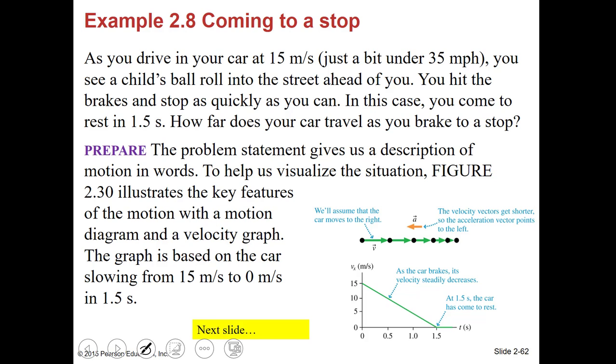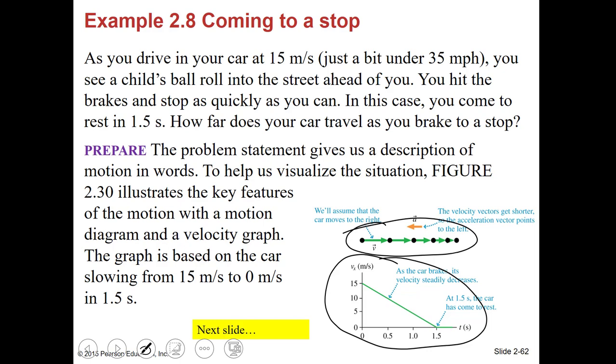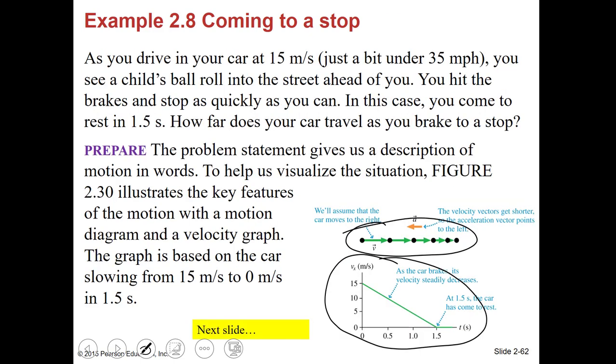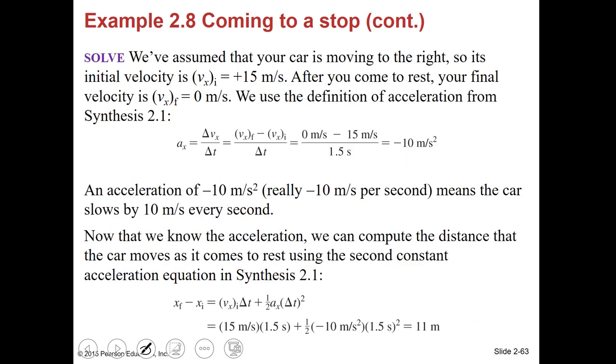Lots of different ways of looking at it. If you think about it, here's the motion diagram part right there. Here's what the velocity versus time graph looks like. You could actually solve this problem just by getting the area under the curve, or we could use our kinematics equations. Okay, so first of all, knowing the velocity and the time, the change in velocity really and the change in time, we can figure out the acceleration.